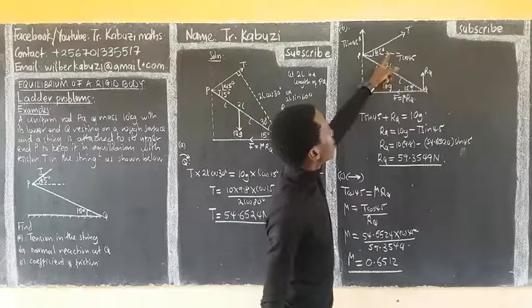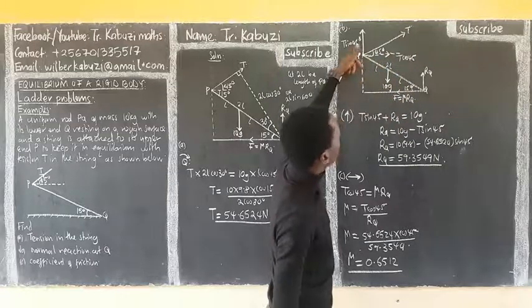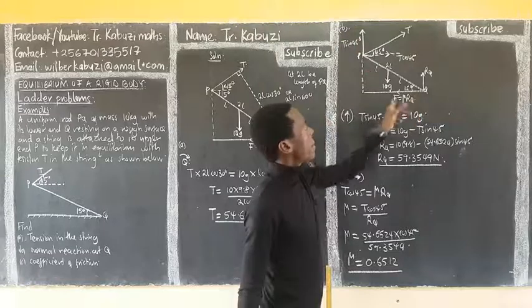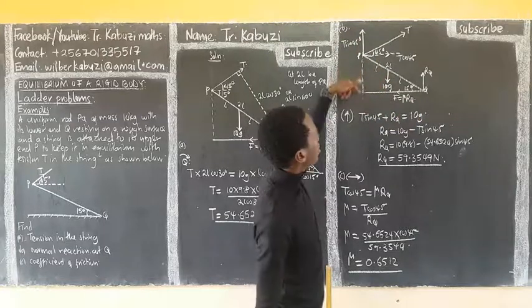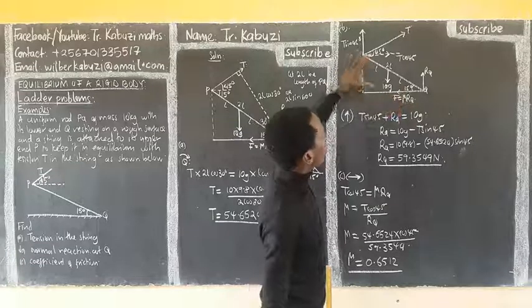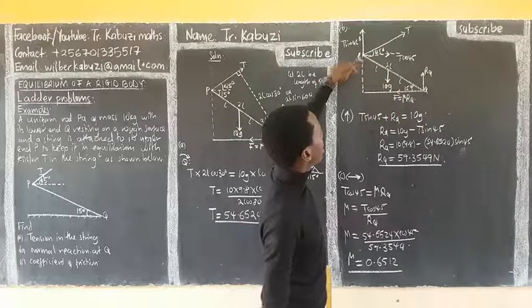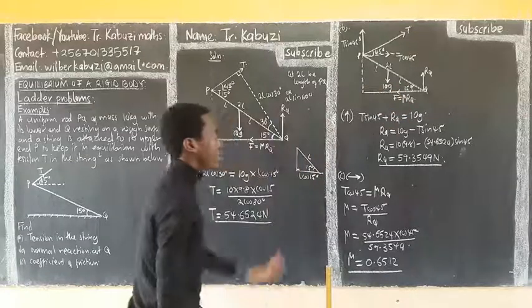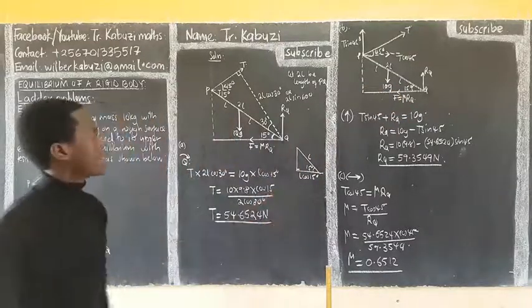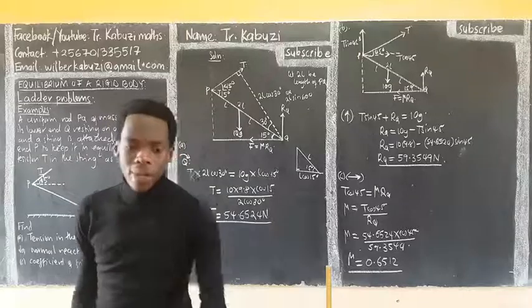If this is vertical, the perpendicular distance is horizontal. If this is horizontal, the perpendicular distance is vertical. That's why you need this, which is going to be 2L sine 15. Then you simplify and factorize out T, and you get the same answer. Anyway, that's it. I wish you well.